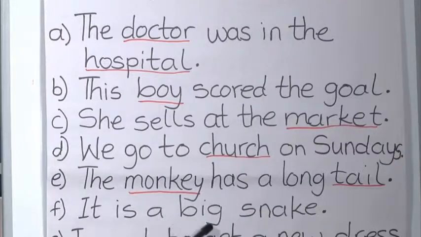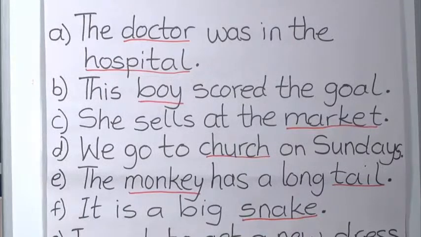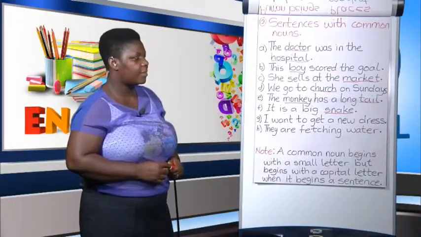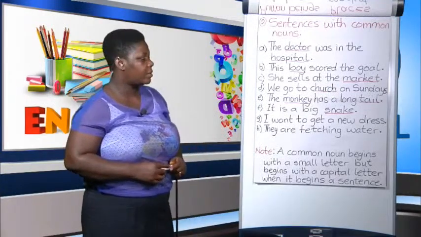It is a big snake. What is the common noun in this sentence? I hope your answer is snake. What type of noun is snake? It is a name of an animal.